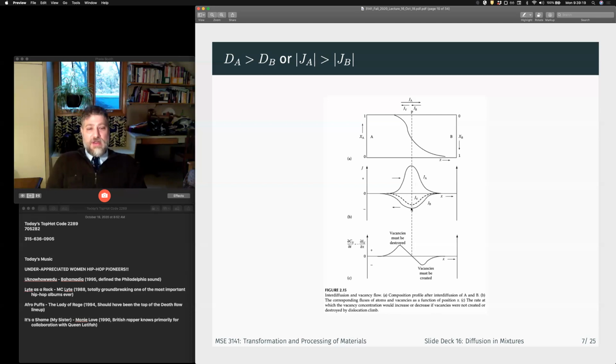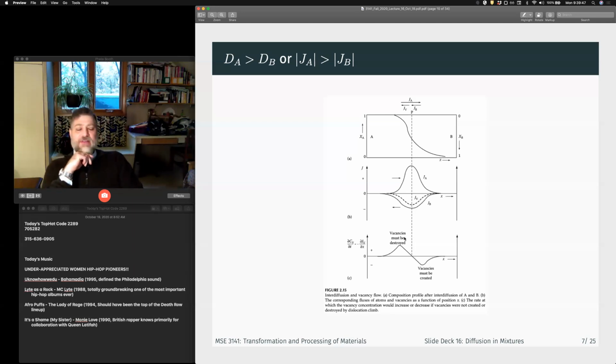If we look at the net instantaneous flux of atoms as a function of position, we have something that looks like this. And what's important here is that I'm moving A from left to right, and I'm moving vacancies from right to left.